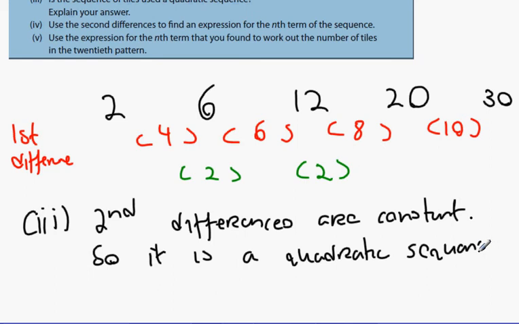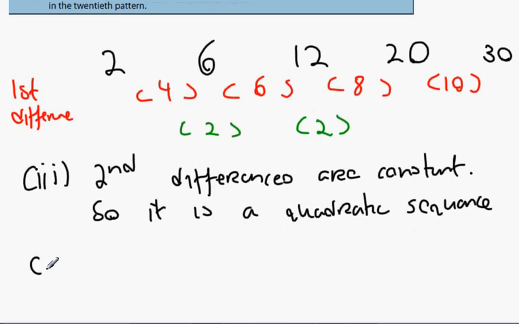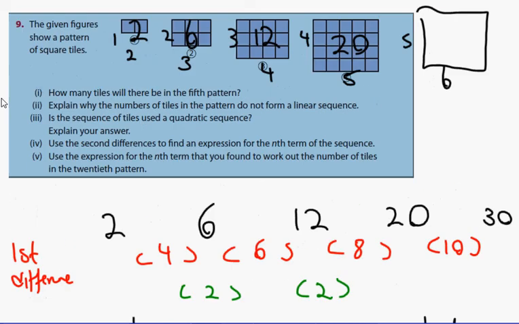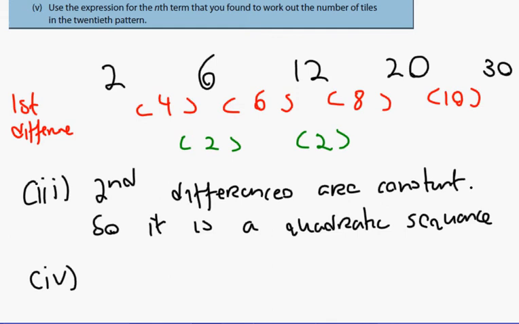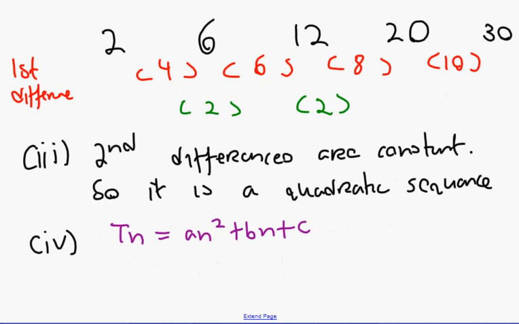Okay guys, next one, number 4. Find Tn. Okay, what's the formula for Tn again? Not in your tables? Tn equals an squared plus bn plus c. Okay, next thing we're going to do is find out what T1 is.